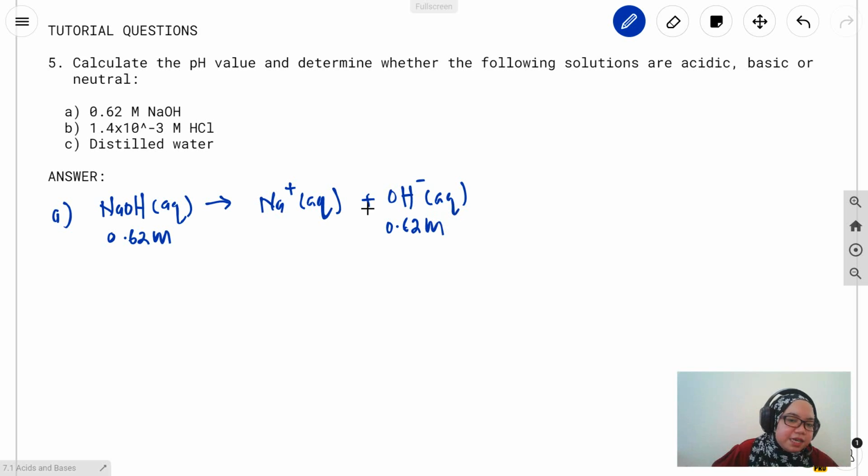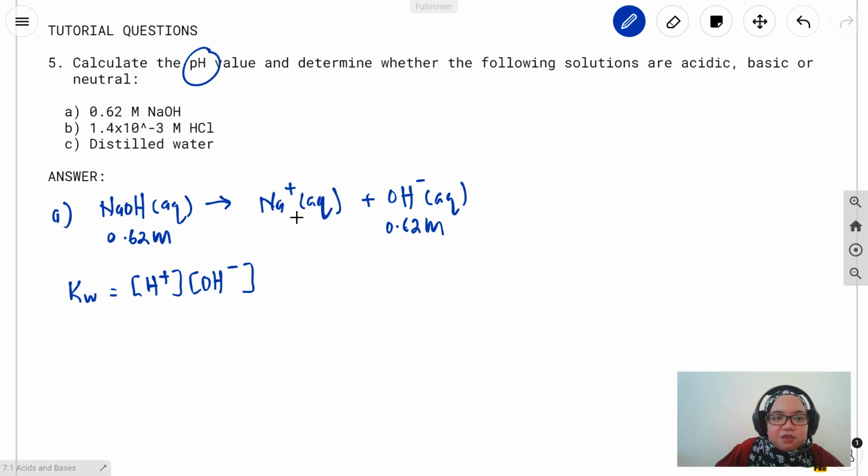Betul? Okay. So here we know that tadi kita tahu Kw is actually equals to the concentration of H plus times the concentration of OH minus. Okay, we want to find the pH value, right? So we need to find the H plus ion apa? Betul? So we know that Kw is equals to 1.0 times 10 to the power of negative 14.